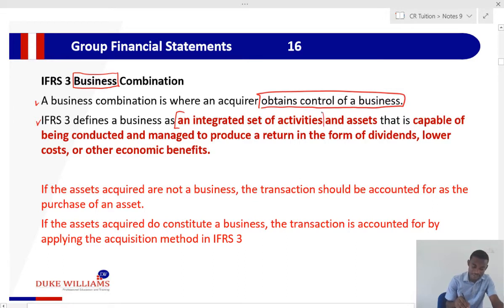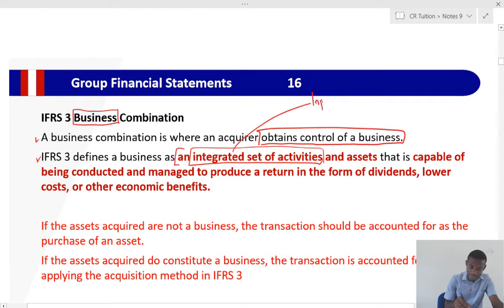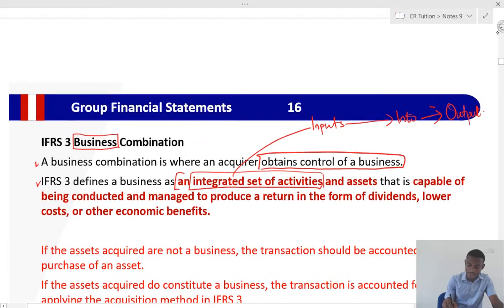Now, these activities can be identified as a process of inputs which are converted into outputs. So a business has inputs, which can be converted into outputs.